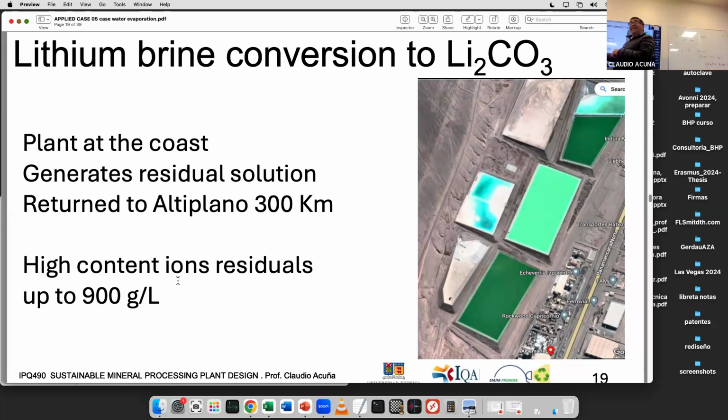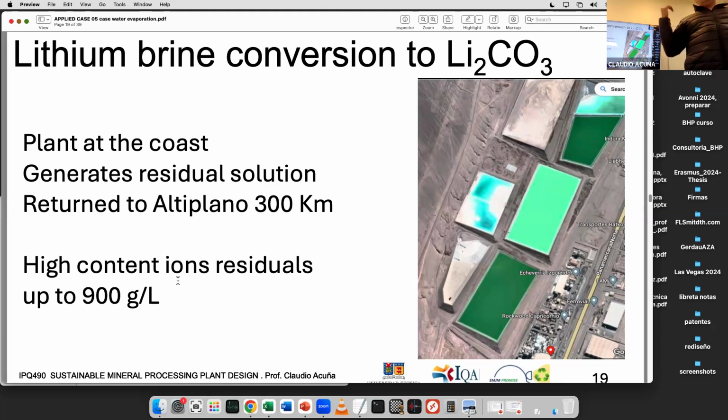And given this high concentration, then you have less vapor pressure, and then it returns back to the altiplano, 300 kilometers back. So in both cases, desperately, we need something to extract water, either to concentrate, to remove the water and reduce the volume of the solution. In this case, this is a waste residual solution.